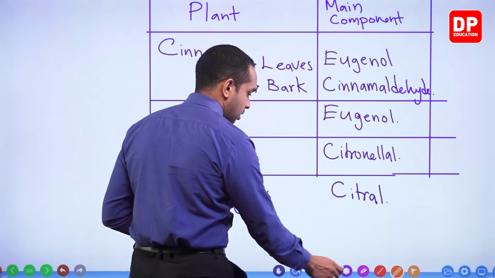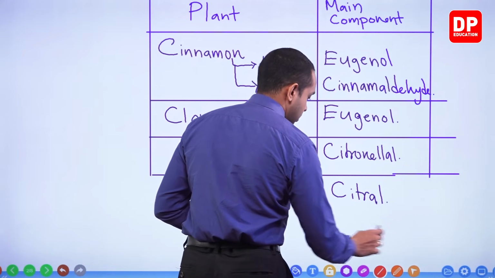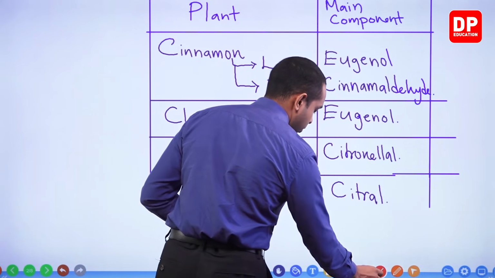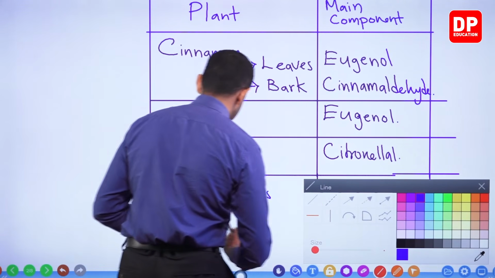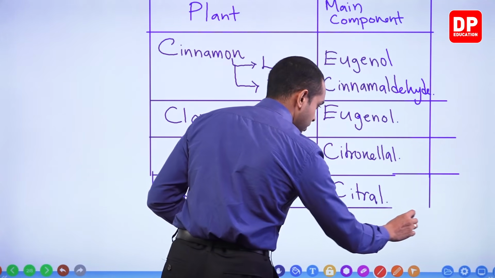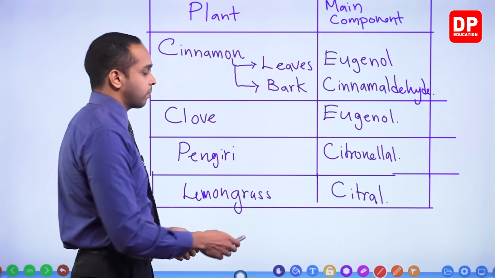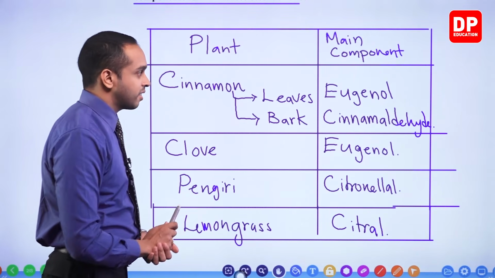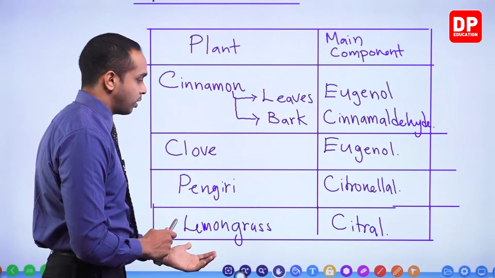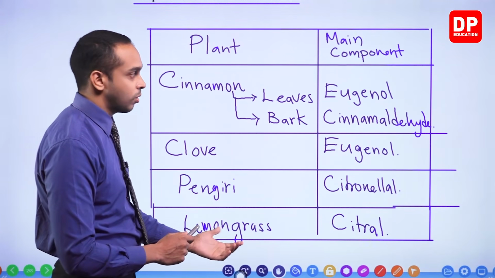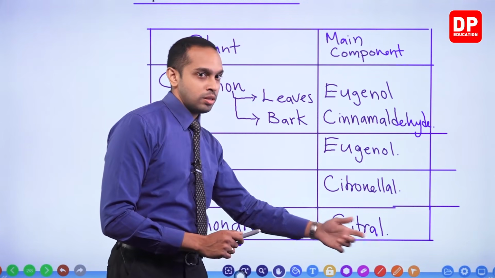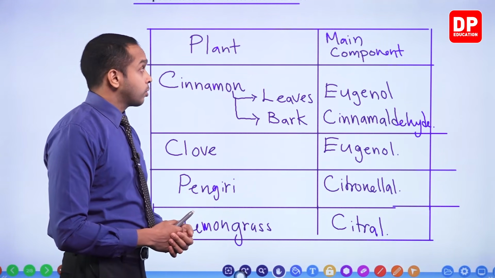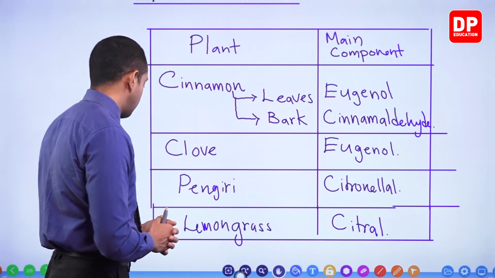So these are the main different types of plant material that you can use, as well as the main components of the essential oils. So that is the answer to question 1b.